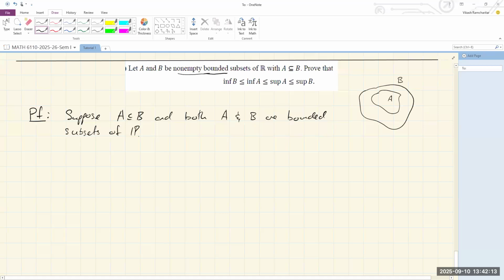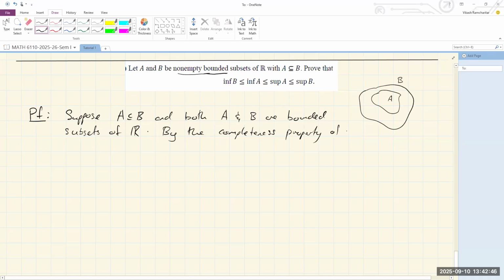Subsets of R. The real numbers have this nice property called the completeness property that says that every non-empty bounded subset has a supremum and an infimum. It's sometimes called the LUB property or the GLB property or the completeness axiom. It's actually why the real numbers are so important in analysis.